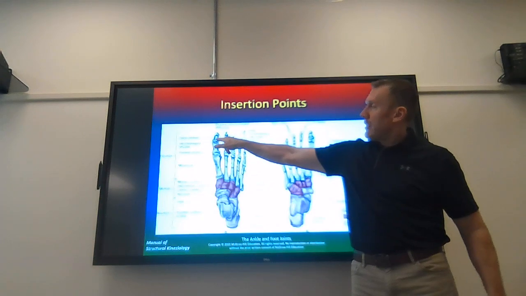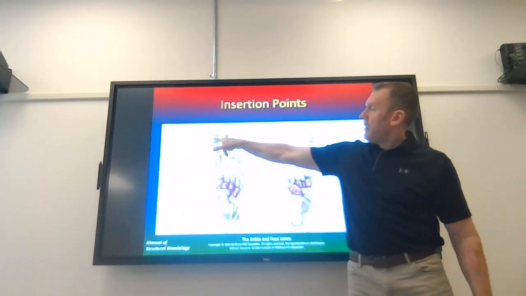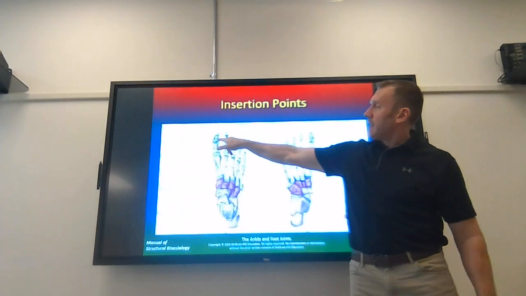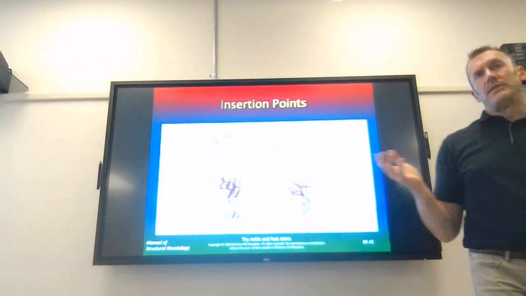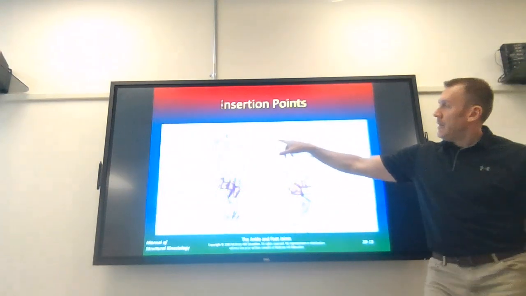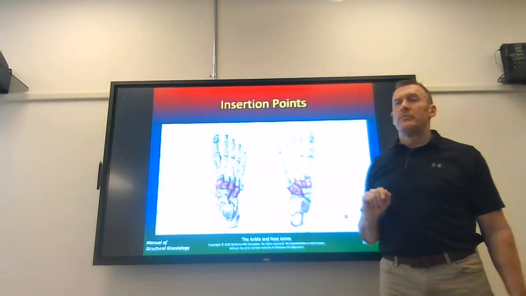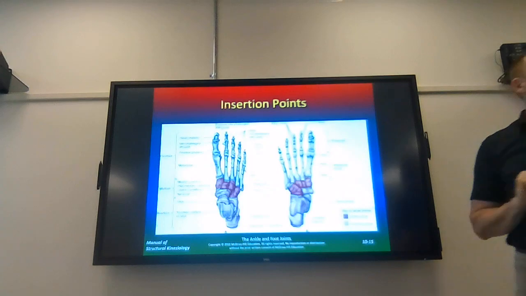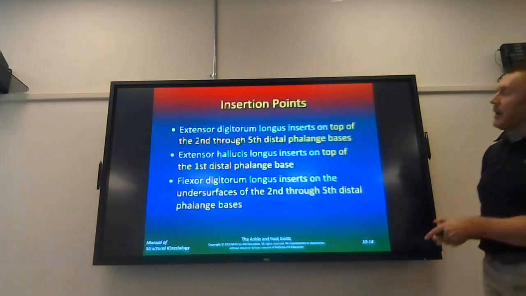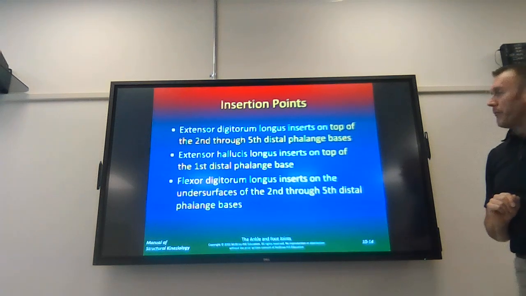Extensor hallucis longus. Base of that first distal phalanx. Extensor hallucis longus, and then extensor digitorum longus would be the bases of the 4 lesser toes. Hallucis? You go back. Yep. Thank you.